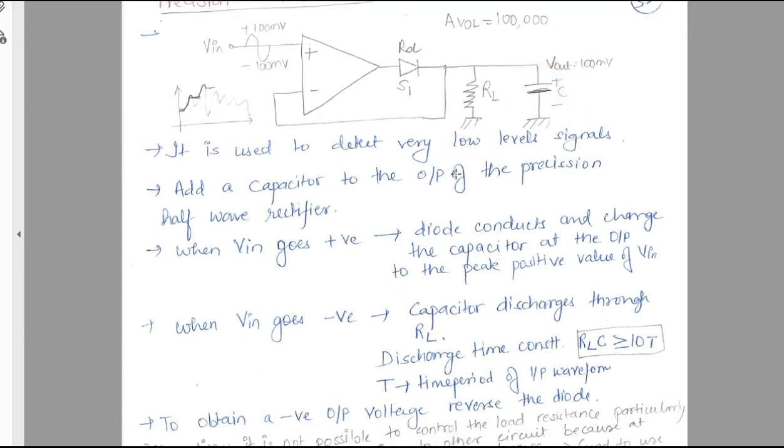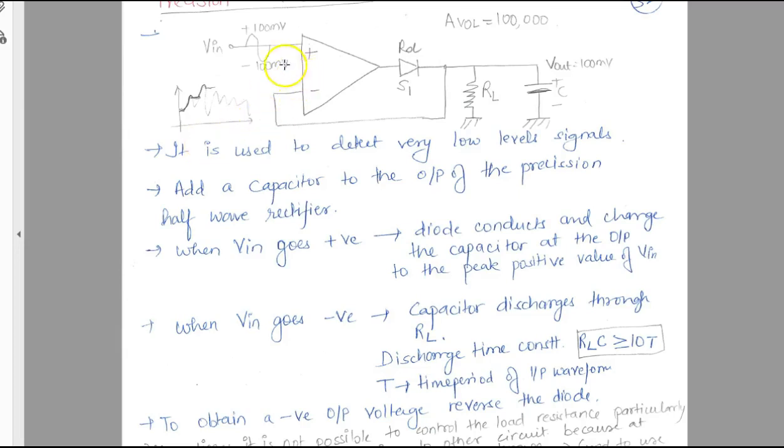When your input signal is positive, this diode will be forward biased, and your capacitor will start charging up to the peak positive value of the input voltage signal.